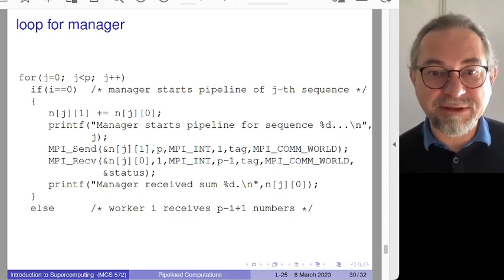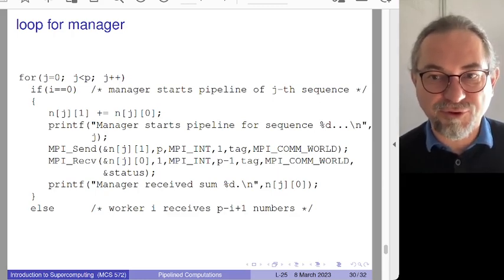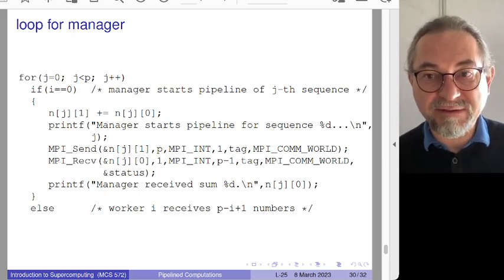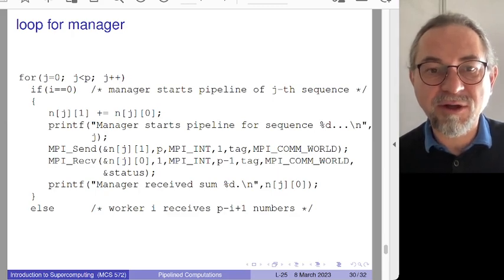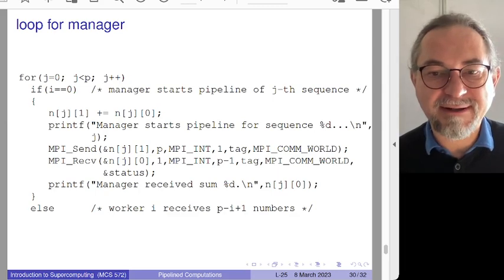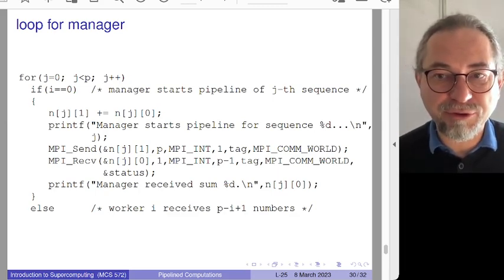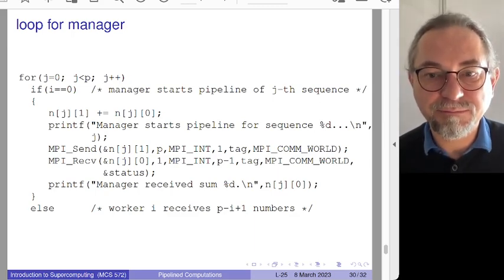It's of course completely natural and logical. You get the parallelization of the sum. So the manager sends through the pipeline all the numbers that want to be summed, and receives the sum back. Again, this is done with the ring topology. Another exercise would have been with the hypercube topology.